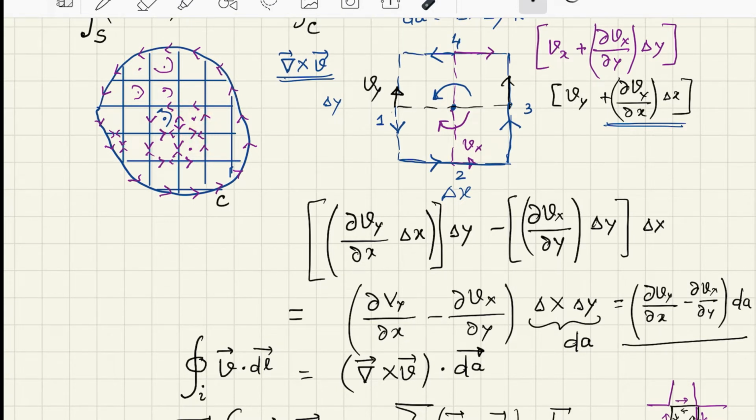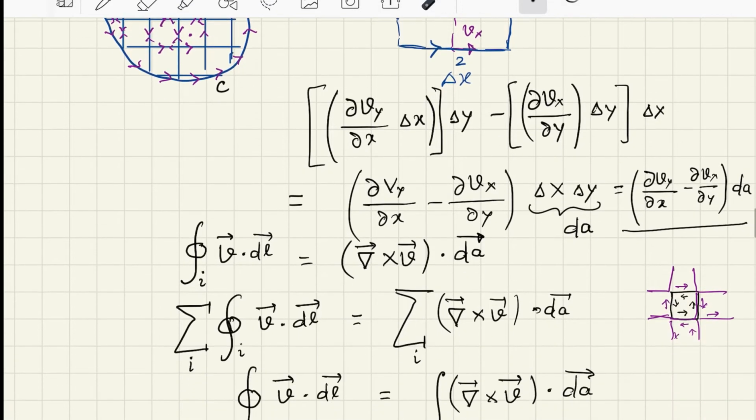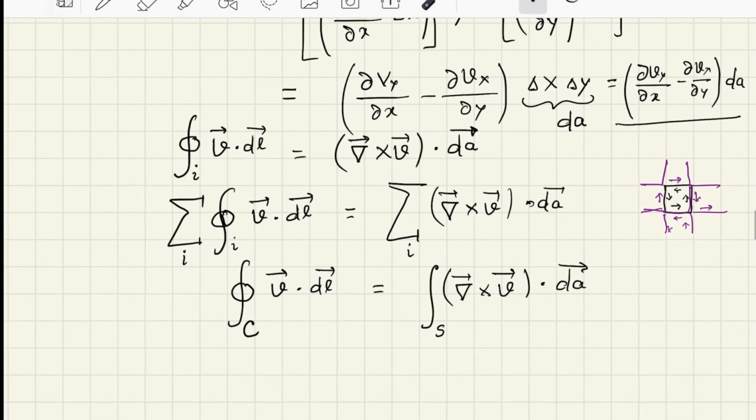Simple idea, but this can be generalized to any surface and not just any flat surface that I have shown. So that is the essential content: everything gets cancelled out inside, and what you get is the paths only of the curve C outside this.